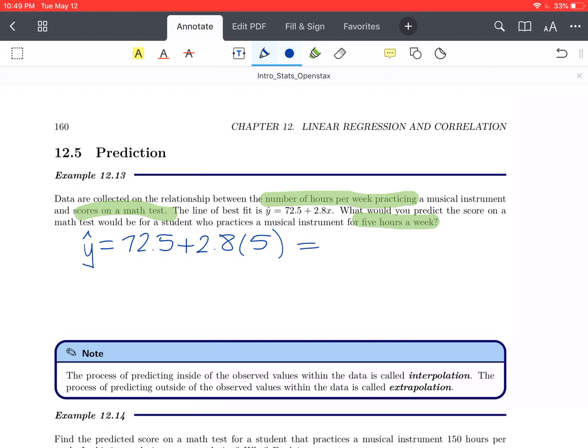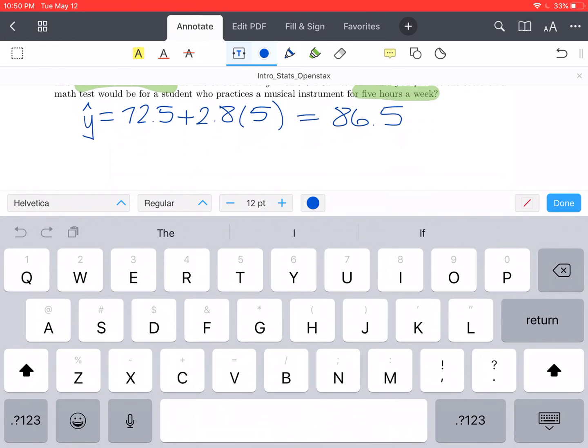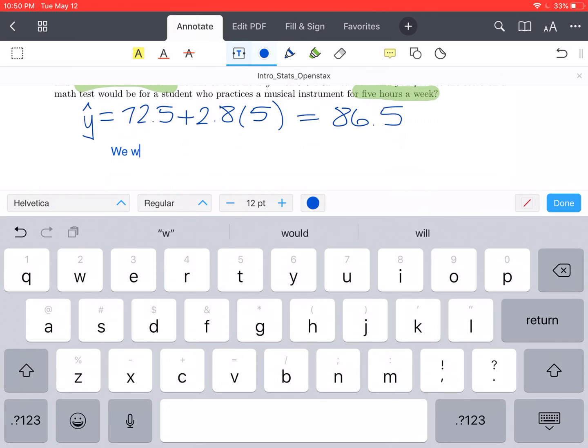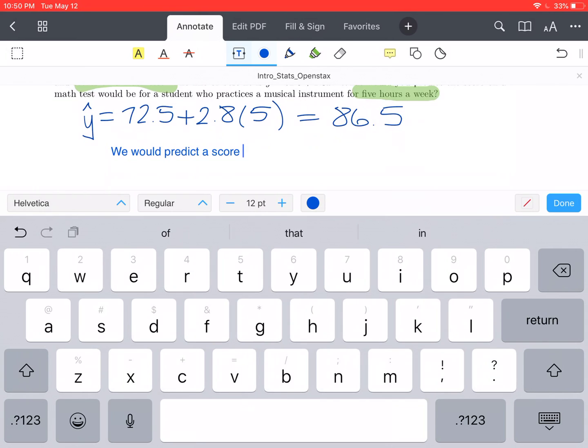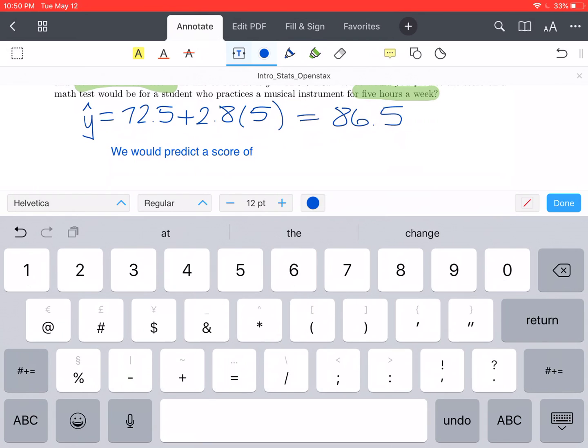Add those values up, that gives us 86.5. So we would predict a score of 86.5.